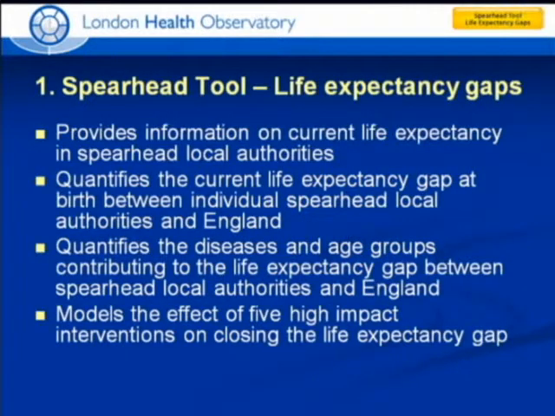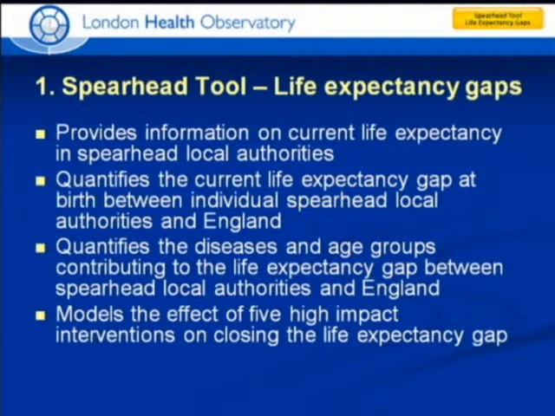So the first component of the tool is the Spearhead tool, life expectancy gaps. And this is what that tool does. It provides information on current life expectancy in the spearhead local authorities. It quantifies the life expectancy gap at birth between the individual spearhead local authorities and the England average.